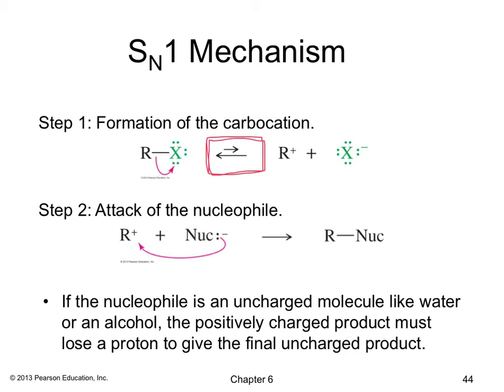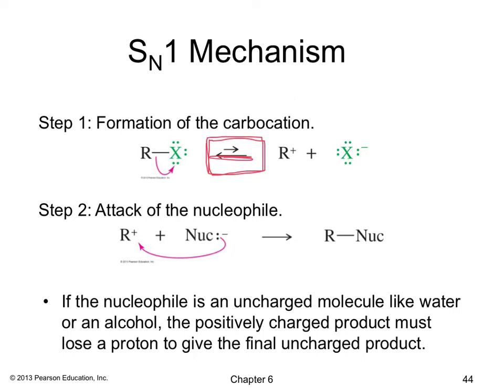In SN1 as well as E1, as I'll show you later on in this chapter, it has equilibrium arrows in which you have arrows going to the left and arrows going to the right. And the arrow going to the left is actually much larger than the arrow going to the right. So please note that when you're drawing reaction mechanisms that involve carbocation, I'd like you to use equilibrium arrows as shown here, and more precisely to use the left-handed arrow being much larger than the right-handed arrow.